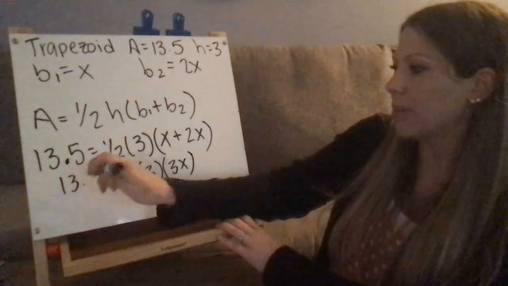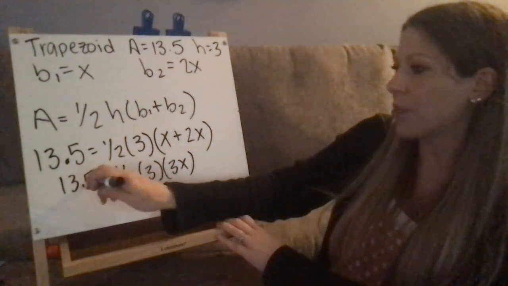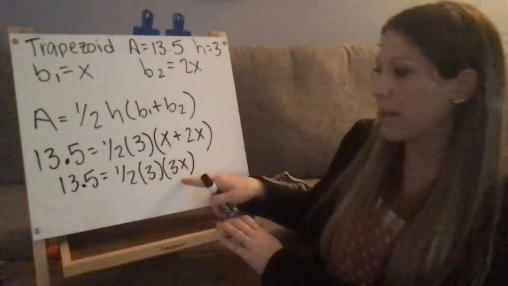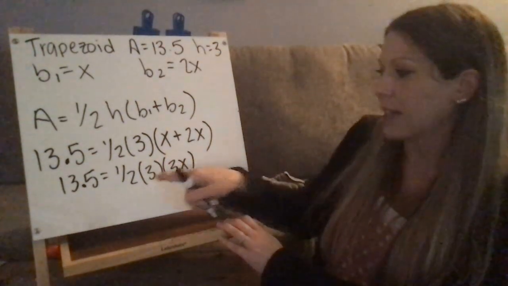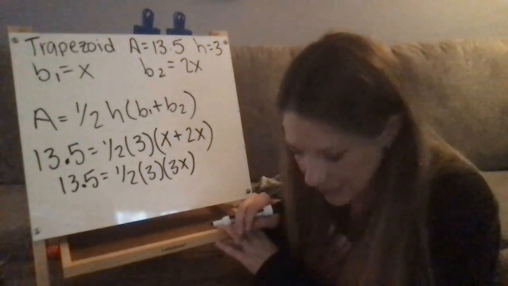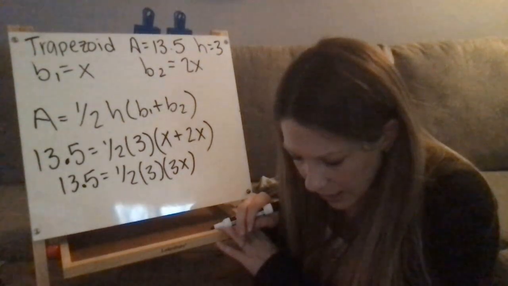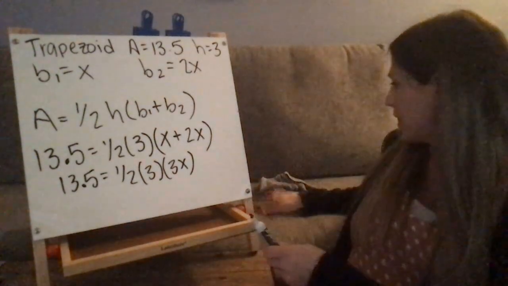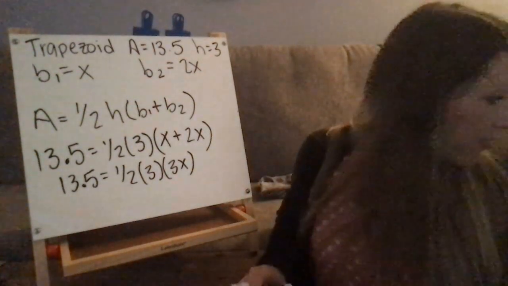So I have 13.5 equals 1/2 of the height 3 times the added bases 3x. So I have 1/2 of 9x, or 4.5x. Let's see, I did that example wrong on my notes actually, so I need to grab my calculator. 13.5.